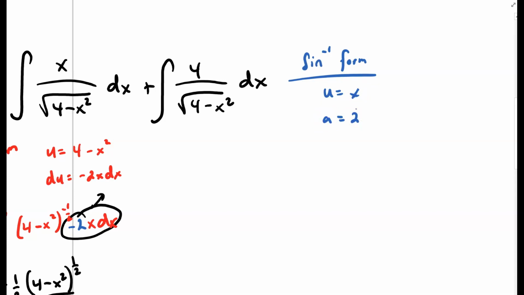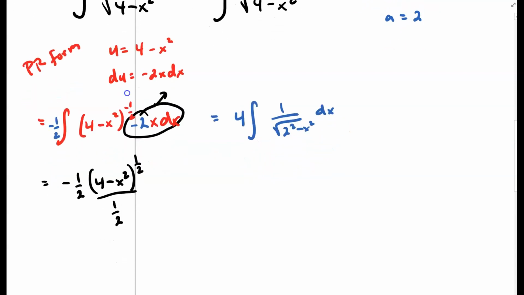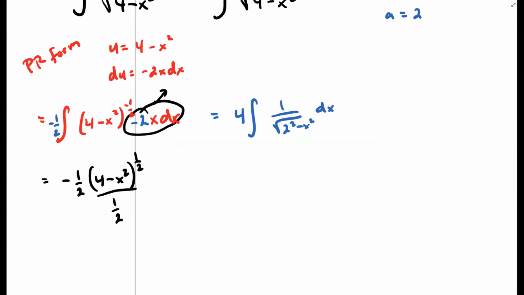Okay, so I have that 4 out front, which, if I just rewrite it, is 4 times the integral of 1 over 2 squared minus x squared dx. You should be able to see our integration is rather easy. So plus 4 times sine inverse of x over 2 plus a constant. Okay, and again, that's similar to example number 1.